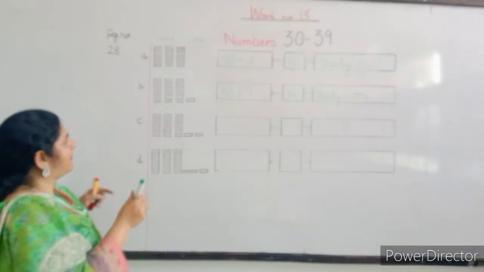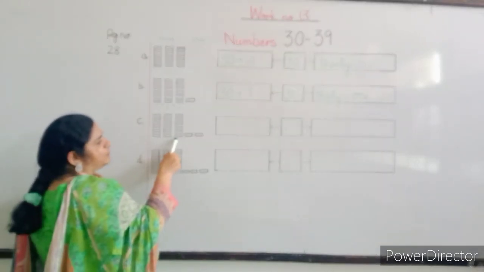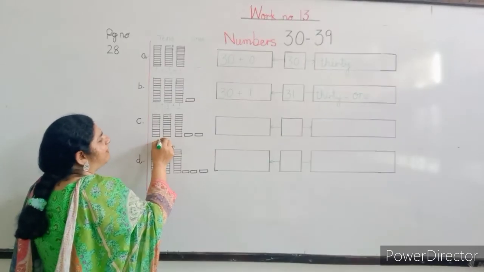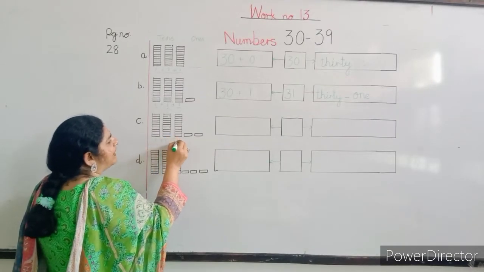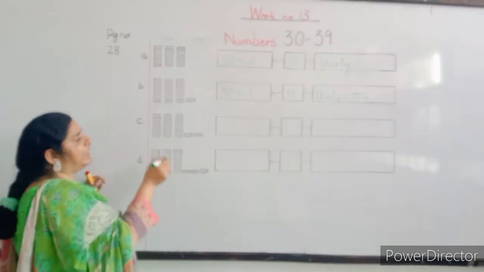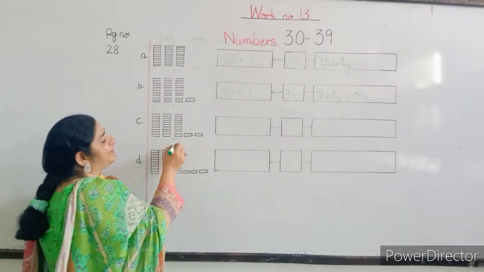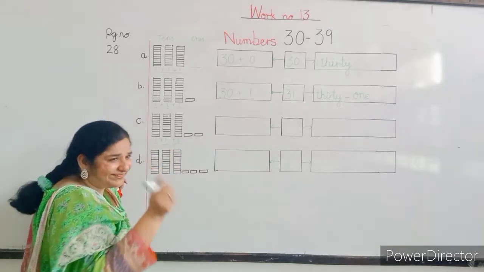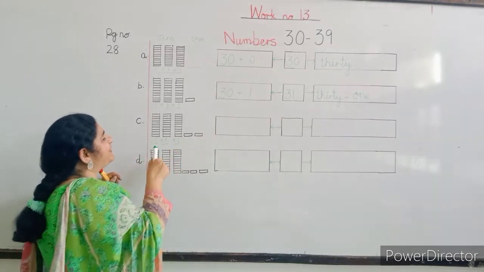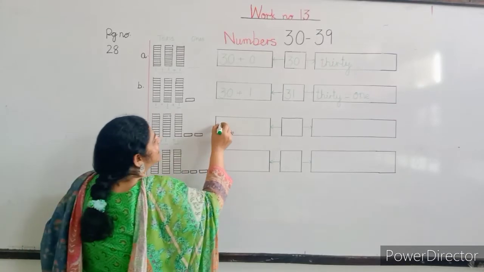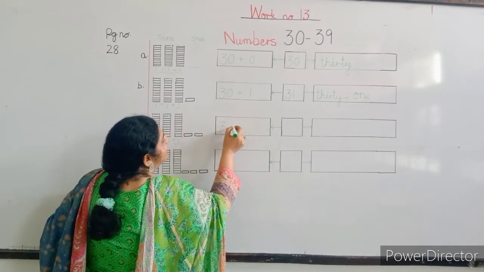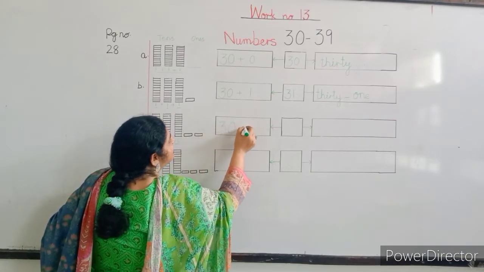Okay. Now look here. How many tens do we have? 1 ten plus 1 ten plus 1 ten. 1 ten means 10. 2 tens mean 20. And 3 tens mean 30. Very good. So 3 tens mean 30. We will write it here. 30 plus.